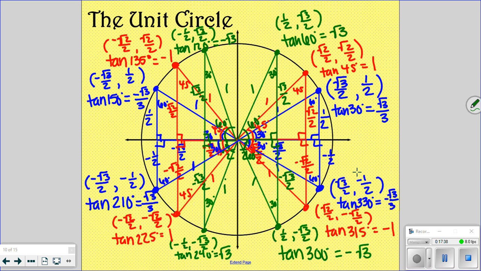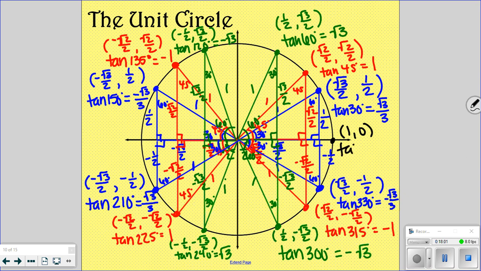Okay, so now we're going to do one last part, our 0, 90, 180, and 270. So I'm going to do this in black. So this point here, we went to the right one, and then we didn't go up or down any. So the point is 1, 0. So this means that the cosine of 0 degrees is 1, and the sine of 0 degrees is 0.